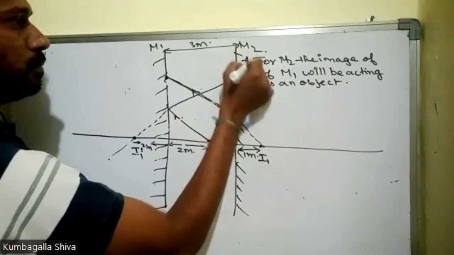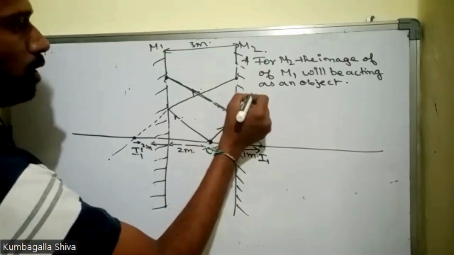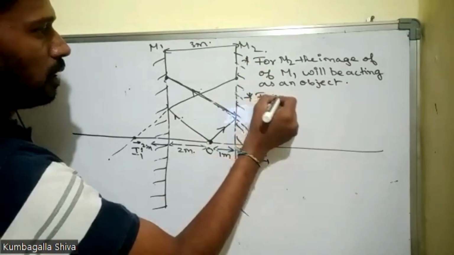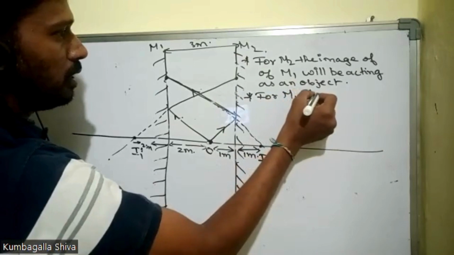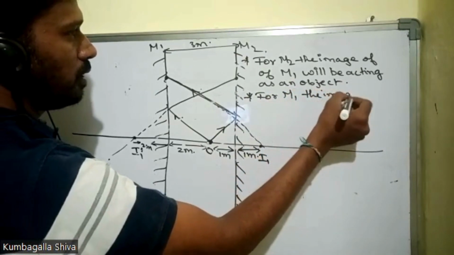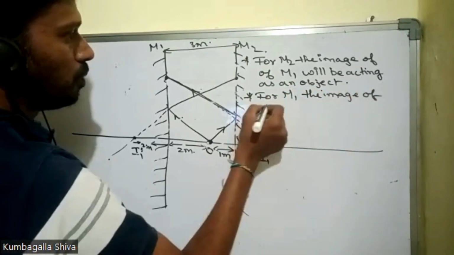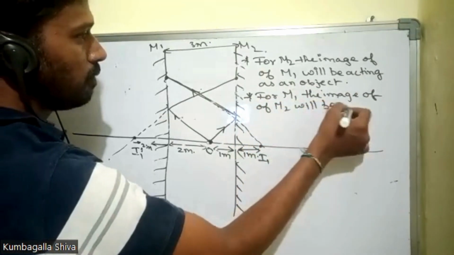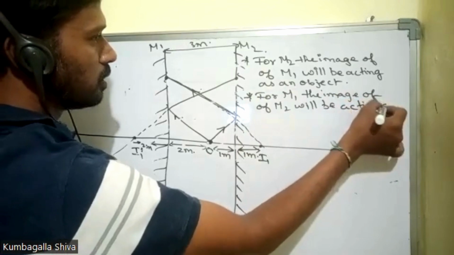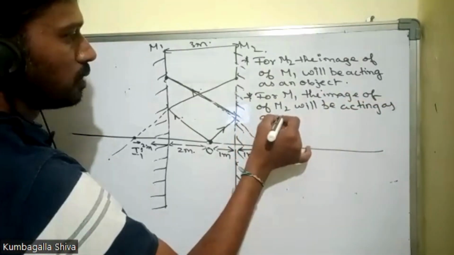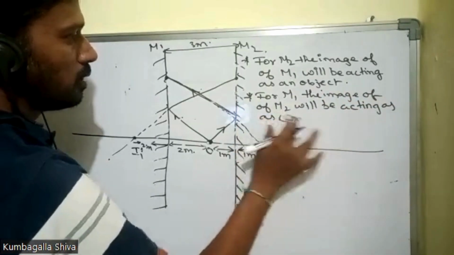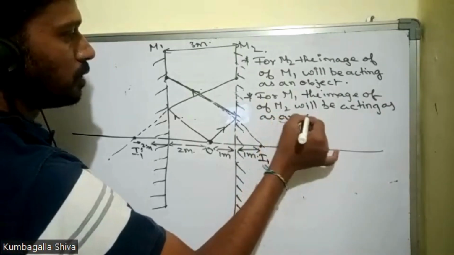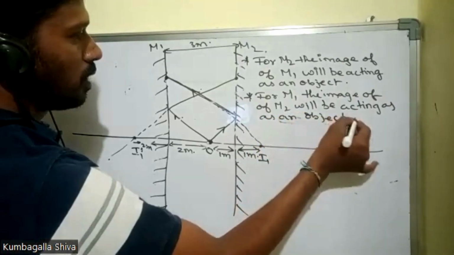Point to be noted. Next, second point. For M1, the image of M2 will be acting as an object, right?